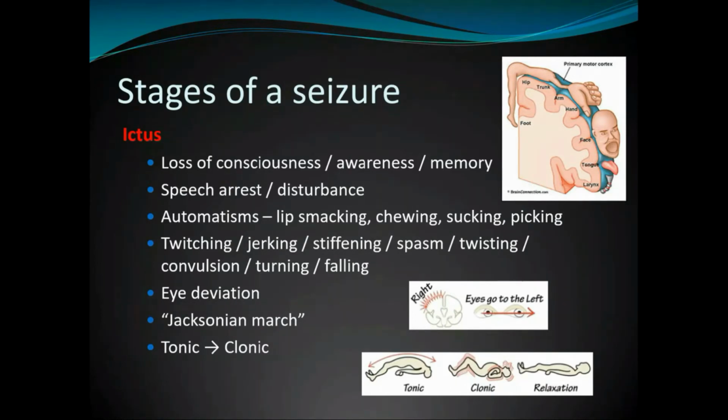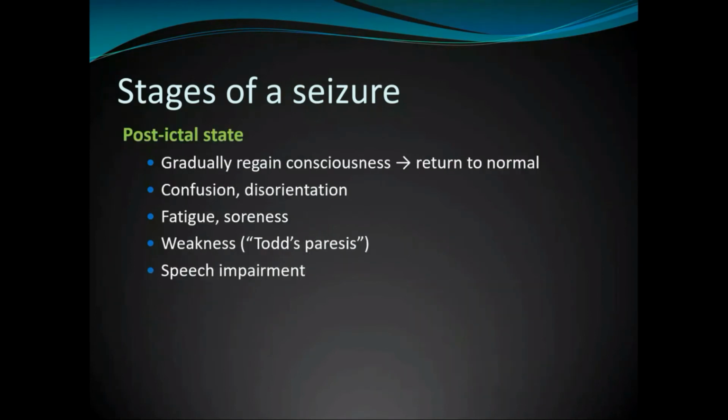Okay, and then the two main phases usually during a generalized seizure are the tonic phase and then a clonic phase. So a stiffening and then a jerking phase, and then there's relaxation of the body, and then a person recovers. And so the ictus will last, again, almost always less than 5 minutes, usually a couple of minutes. And then the relaxation and recovery phase is the postictal state, which varies.